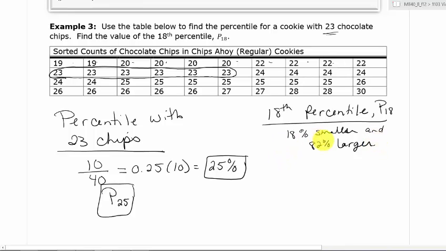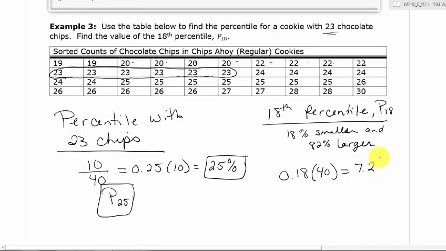To figure out what location that's in, the easiest thing to do is to take this percent and write it as a decimal, 0.18, and multiply by the total number of data values we have, which is 40. If we multiply 0.18 by 40, we get 7.2.